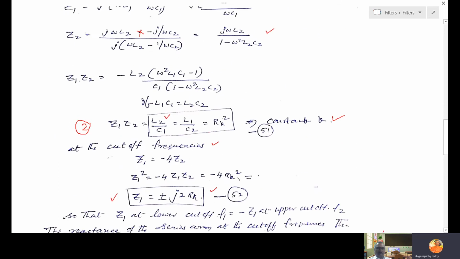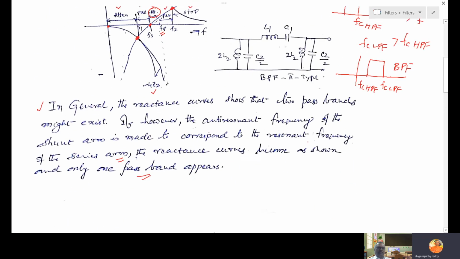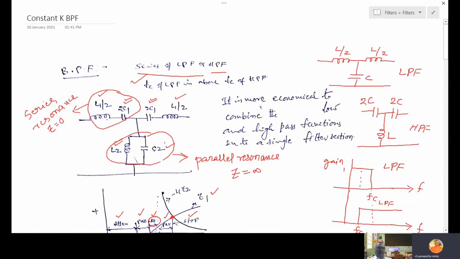If you remember these four, what do we have to find? We have to find L1, C1, L2, C2. So in the exam, what specification do they give? Compulsorily R0 will be given, R0 of 100 ohms. Then the lower cutoff frequency F1 is given, some 2 kilohertz, and F2 also, some 4 kilohertz.